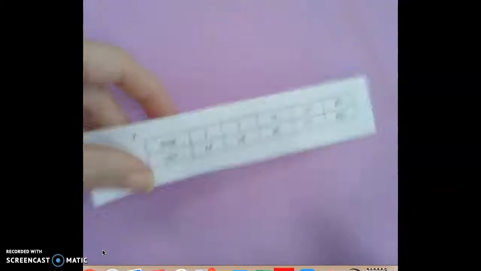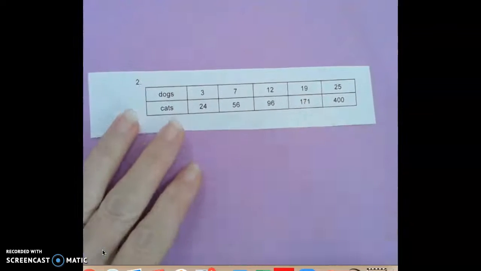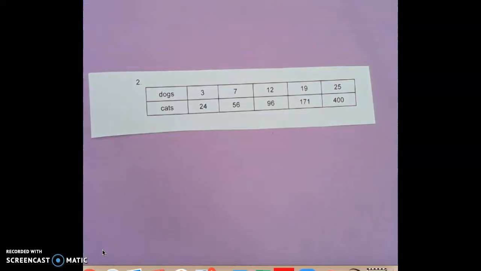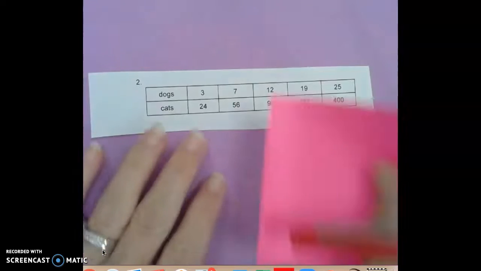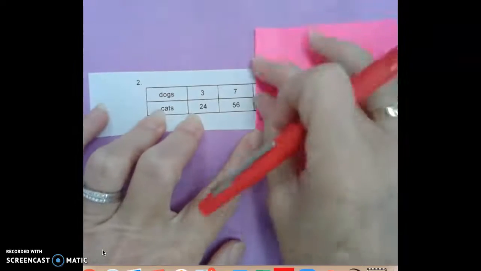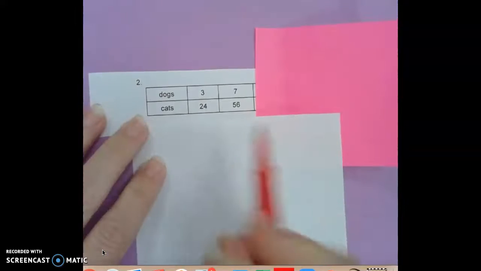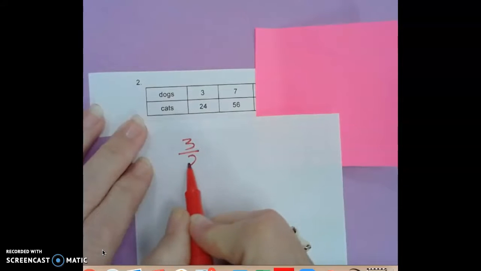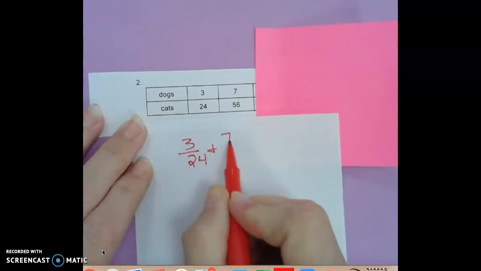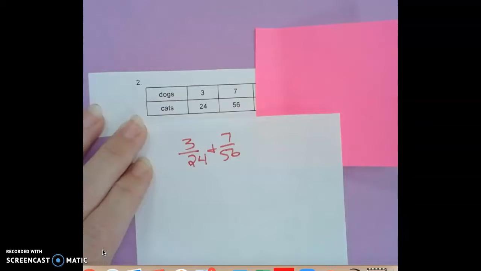Okay, so again, we're going to look at our diagonals. To start with, we're going to look at the 3 over 24 and the 7 over 56.